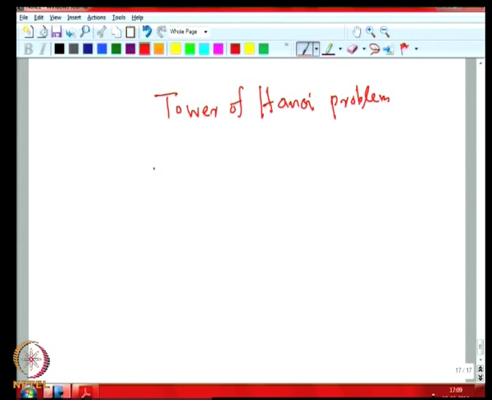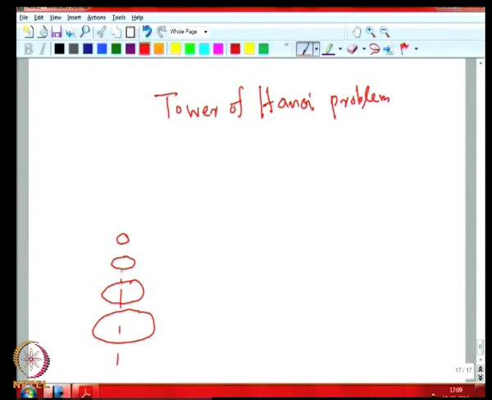We have pegs. On a peg we have some discs of decreasing size. I am not good at drawing things, so let us assume that there are discs 1, 2, 3 here, like this.